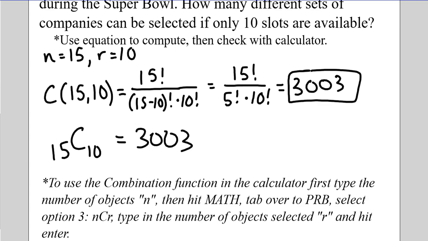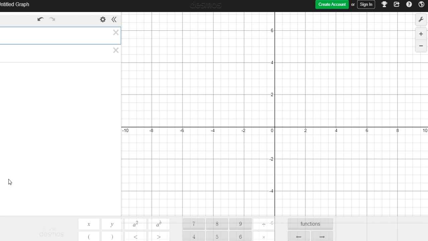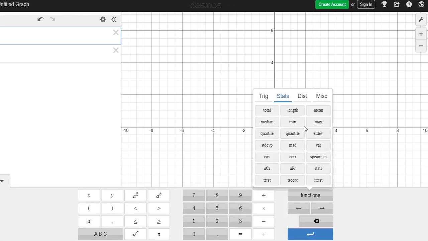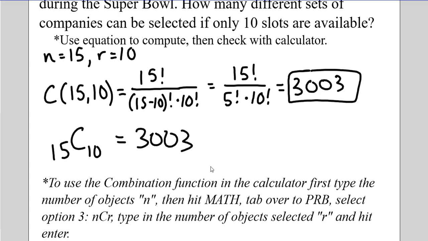So 2 different ways to do it. If you do not have a graphing calculator, Desmos will do this for you. You go over to the keypad, go over to functions, it says in the stats column or menu, right there, combinations. 15 are applying, I'm choosing 10. If order is not important, there's 3,003 different combinations.